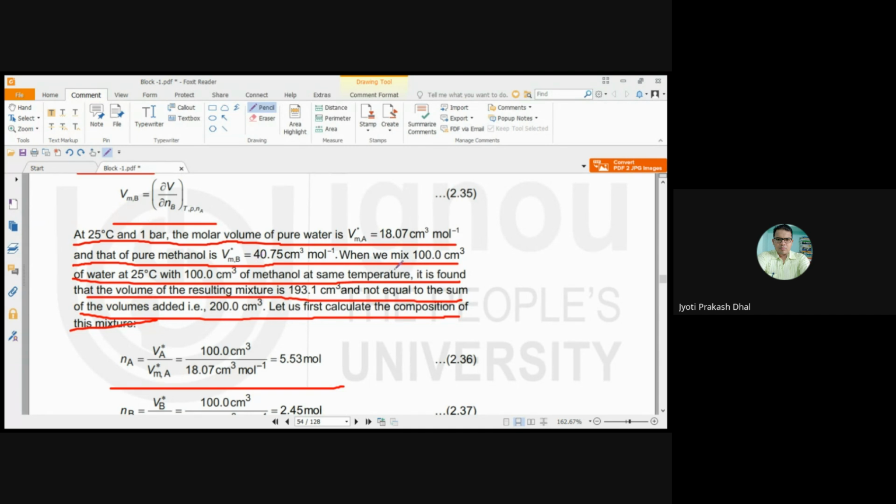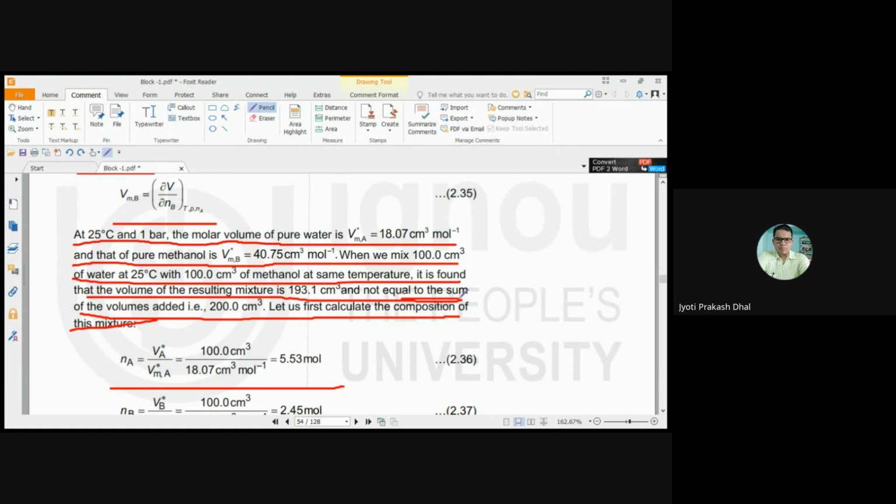When we mix 100 ml of water at 25 degrees Celsius and 100 ml of methanol at the same temperature, it is found that the total volume of the resulting mixture is not 200 ml, rather it is 193.1 ml.